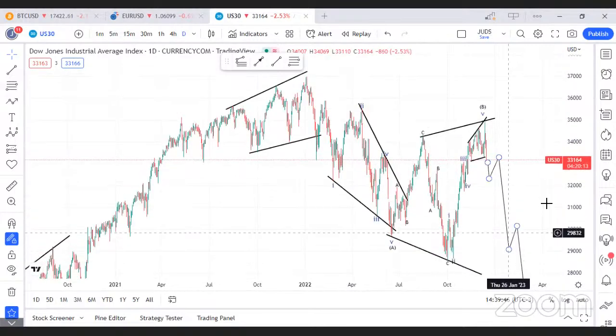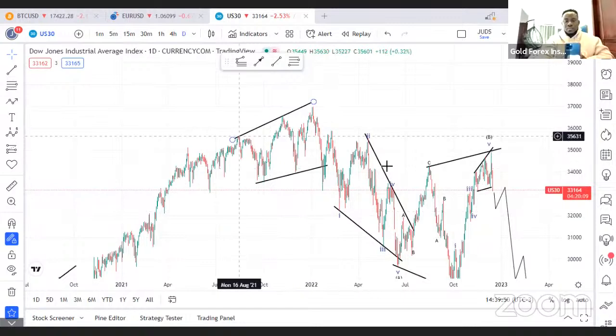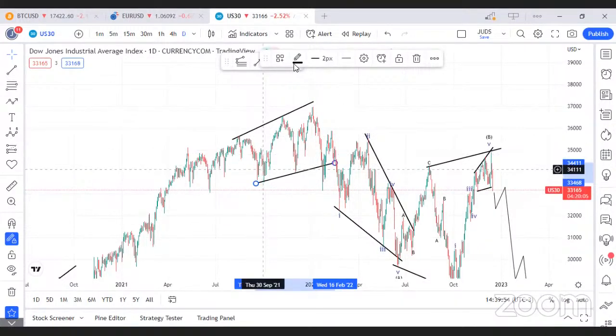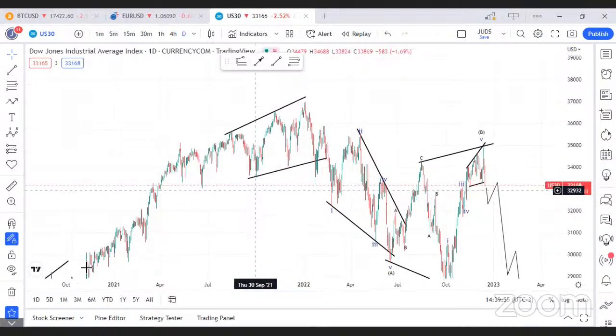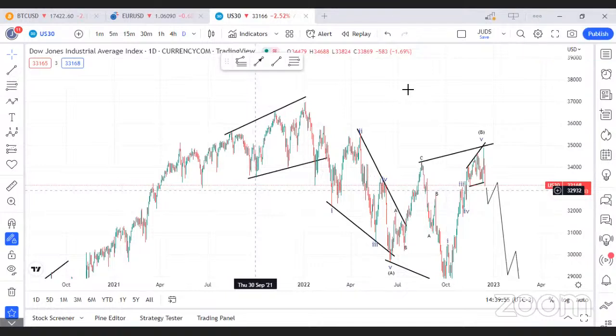And then we are in a corrective phase of this entire 5-wave move. And so let's take our fibs and see. I think your network. Can you hear me?